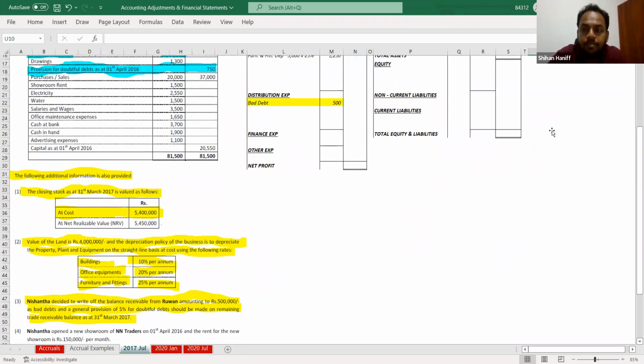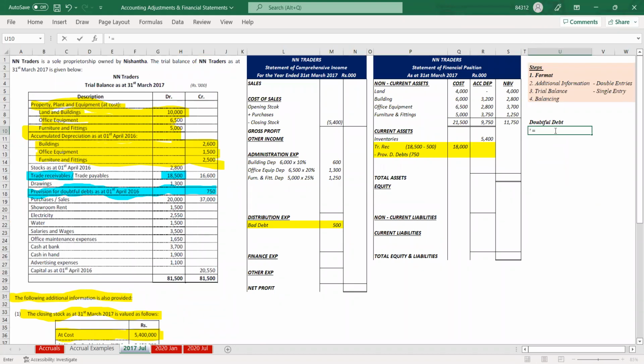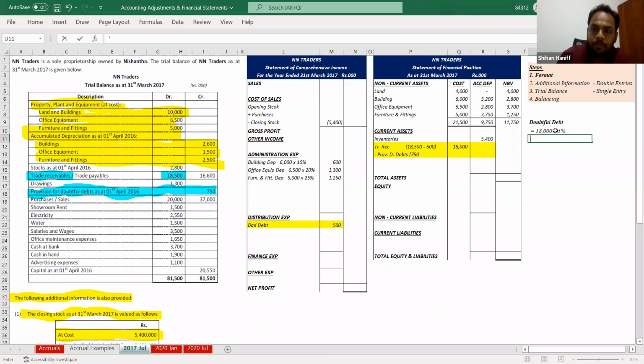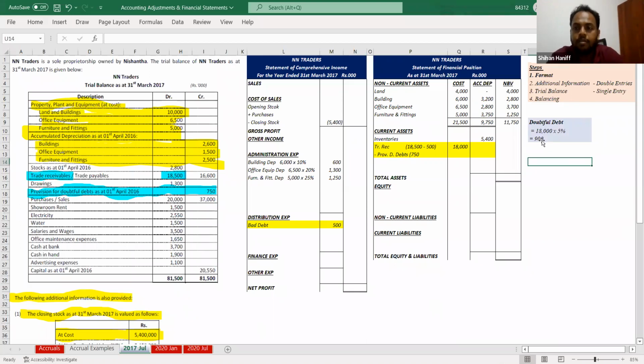Sorry, it's 5%. 18,000 into 5%: 900. So that is the doubtful debts, 900.